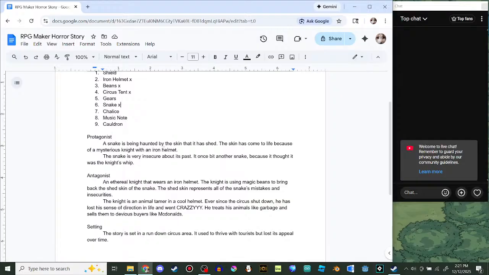Music notes, chalice, cauldron. I have writer's block.